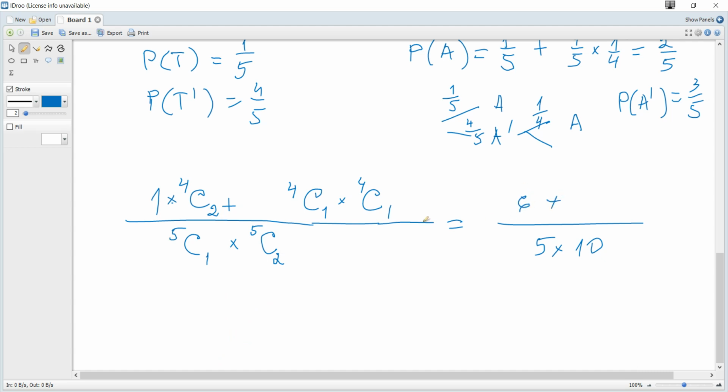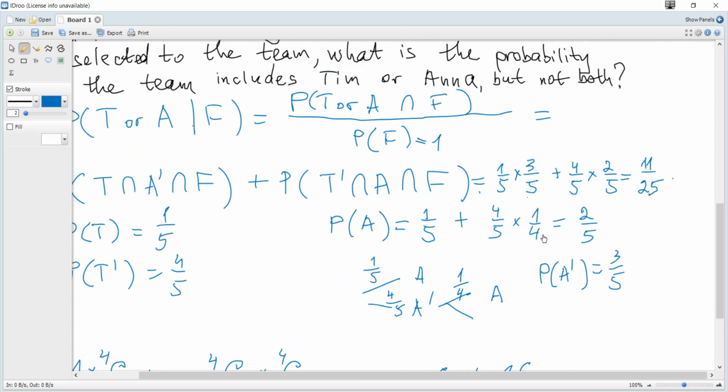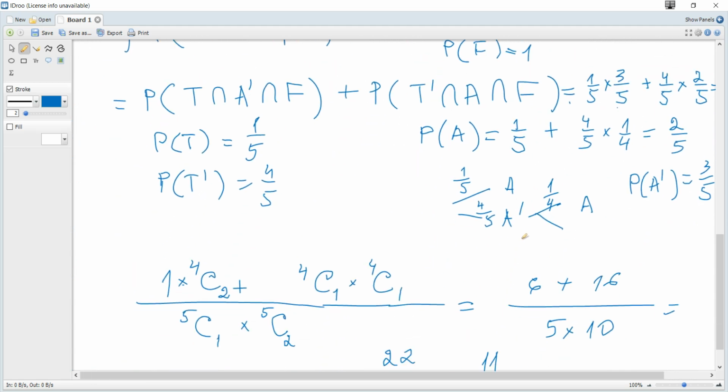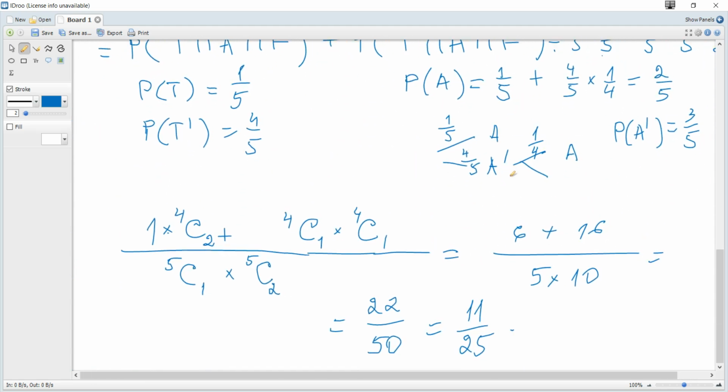It's 6 plus 1 out of 4, it's 4, multiplied by 1 out of 4, it's 4, 4 times 4 is 16, so we get 22 over 50 or 11 over 25, the same result. And that's all for this question.